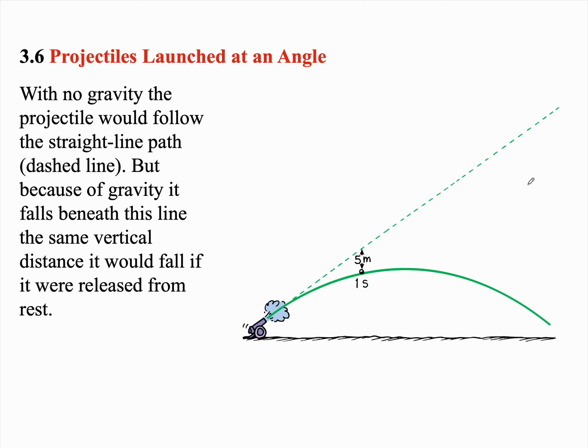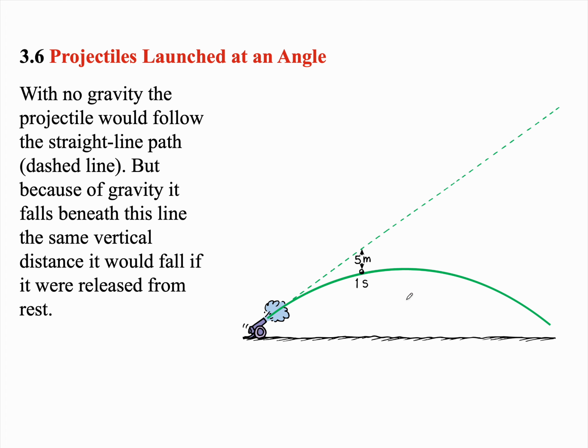Now, there's something interesting going on here with those equations, and I want to spend a moment talking about it. This dotted line represents the path a projectile would follow if there was no gravity. Because of gravity, though, after the first second, it still falls 5 meters below that line.